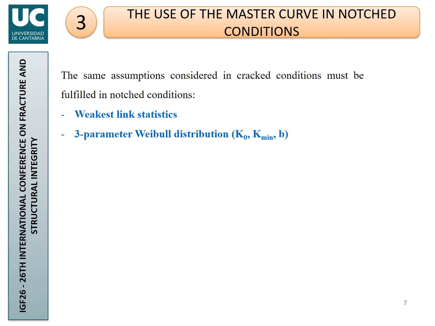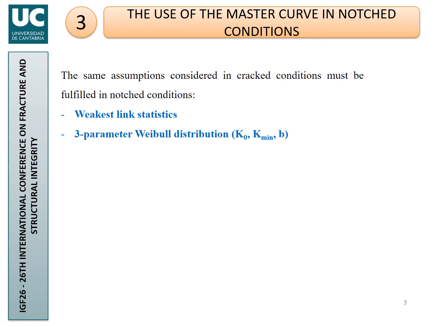We published five or six years ago the direct application of the master curve on notched conditions, and we obtained rather good results in steels 275 and 355. We applied the master curve directly, assuming that the different hypotheses sustained in the master curve were correct, but without going into the details.